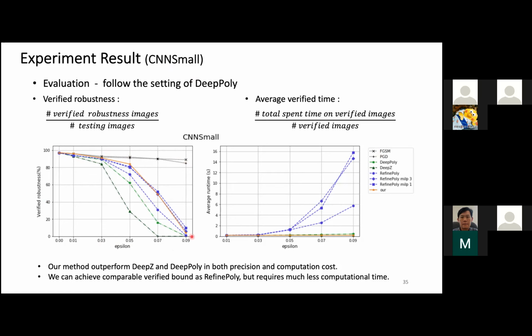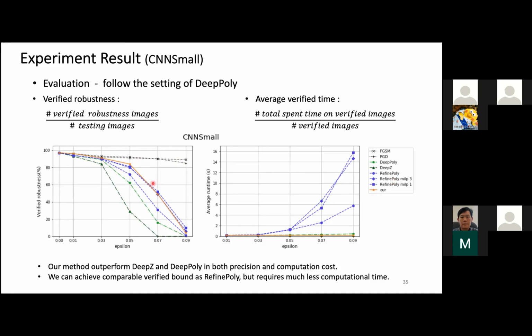Here we want to predict the lower bound of these two black lines, for our method and the other methods. Here we can see that the dark green is DeepZ, the light green represents DeepPoly, and the series of purple lines represent RefinePoly with different MILP settings.